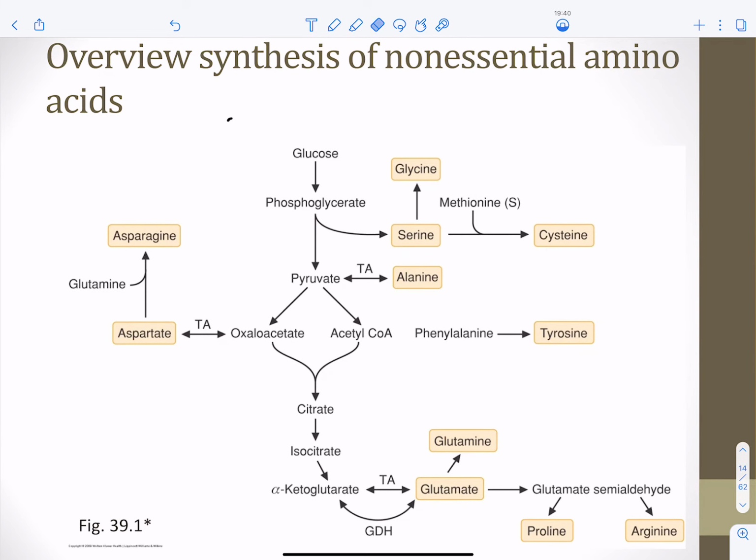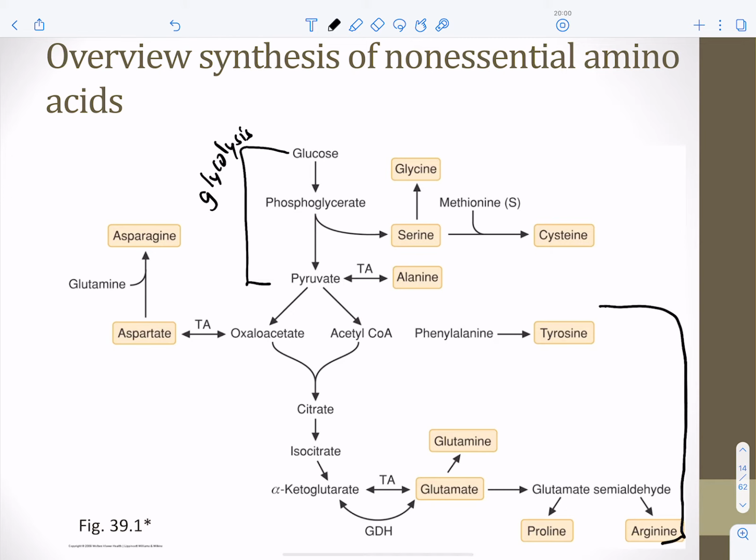So here is an overview of our amino acid synthesis, and just a few big takeaways from this. We have some glycolysis precursors, and then we have our TCA cycle. So what to keep in mind is that if you make glycine, serine, or cysteine, and then you break down glycine, serine, or cysteine, they usually feed back in through glycolysis.